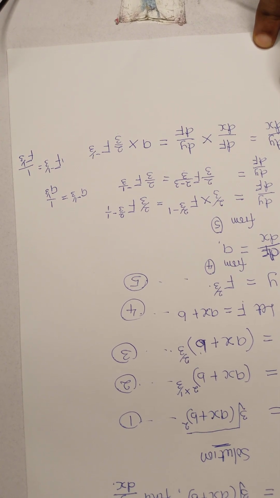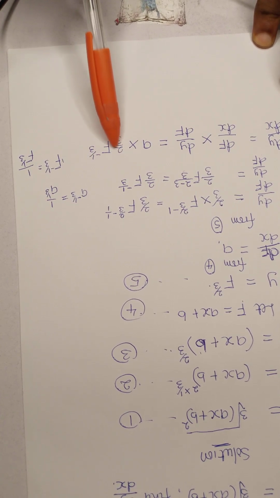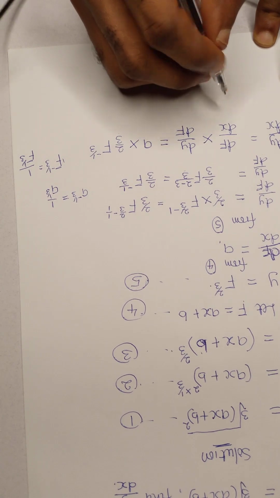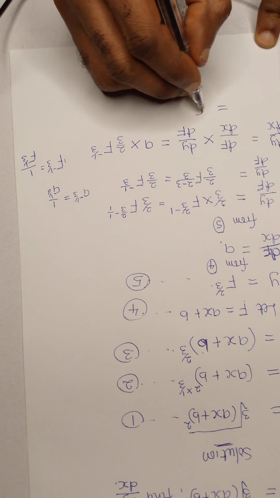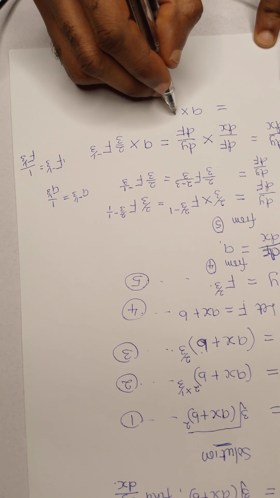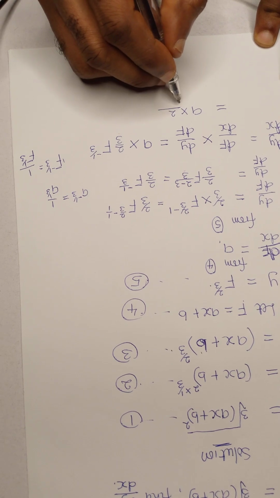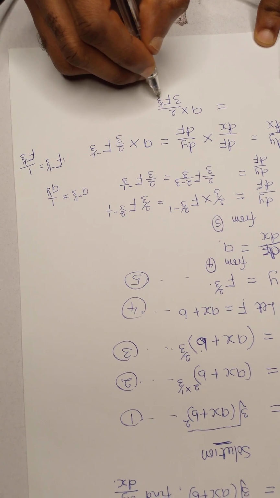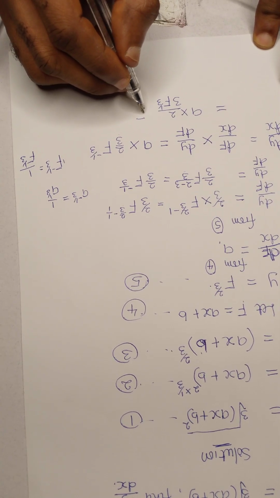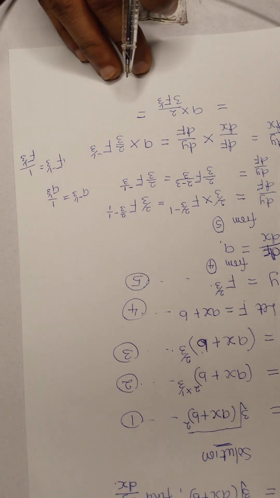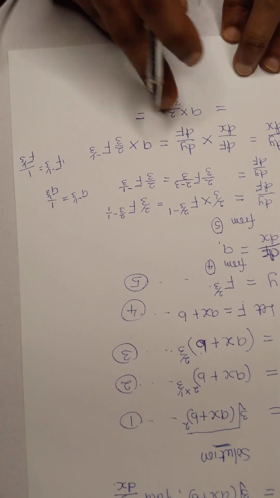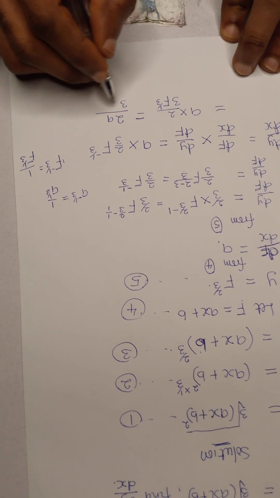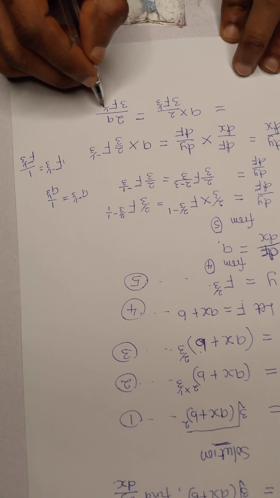If we agree at this point that it is the same thing, a new equation will now become a times 2 all over 3 f raised to the power 1 over 3. So this will be equal to a times 2, which gives us 2a, all over 3 f raised to the power 1 over 3.